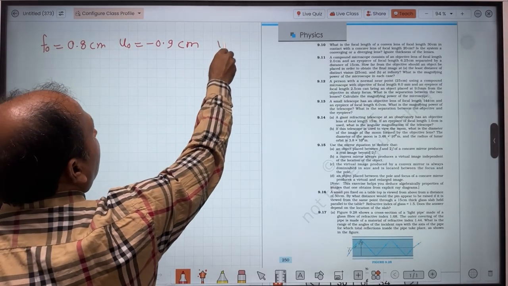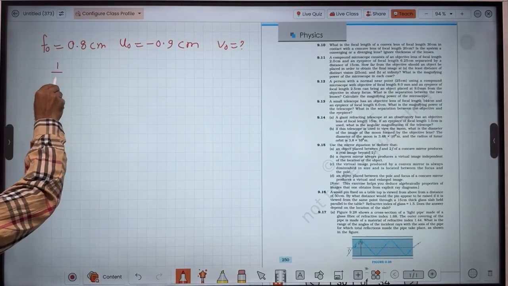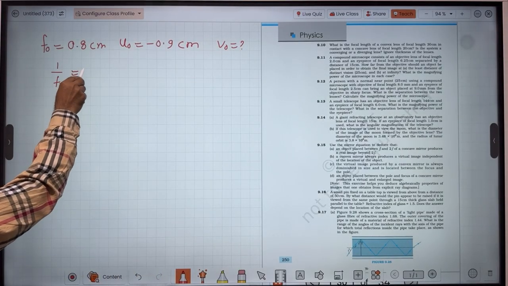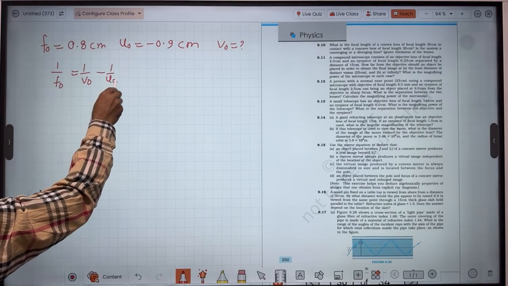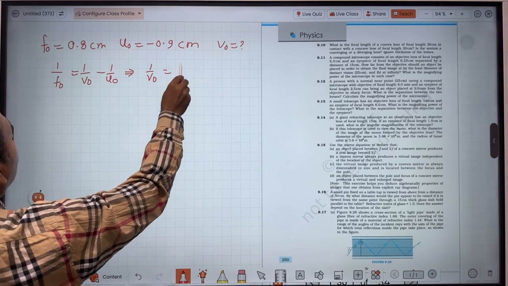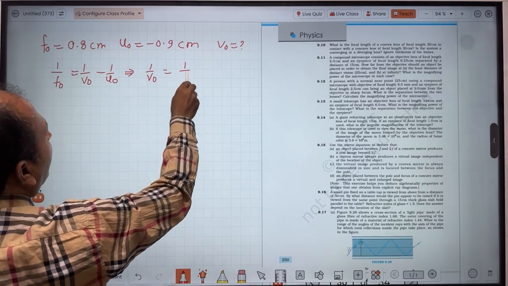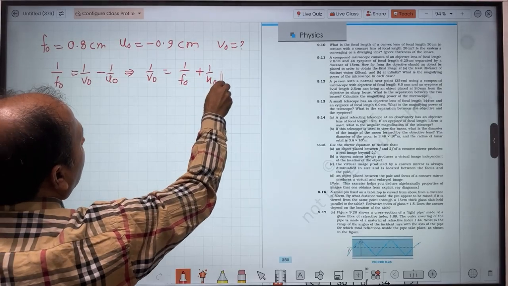So VO can be determined using a lens formula 1 upon FO equal to 1 upon VO minus 1 upon UO, or 1 upon VO is equal to 1 upon FO plus 1 upon UO.